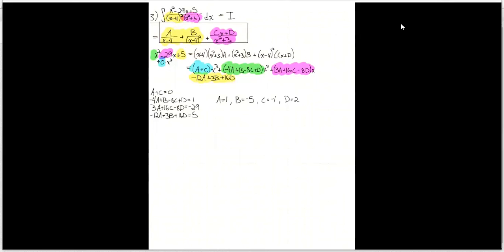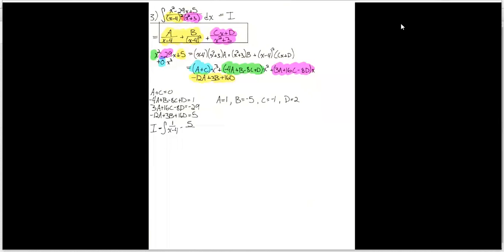All right, let's go ahead and write what our integral is actually equal to. So our I here is equal to, well, we can make an extra step.